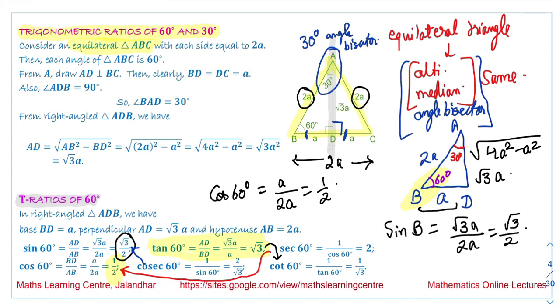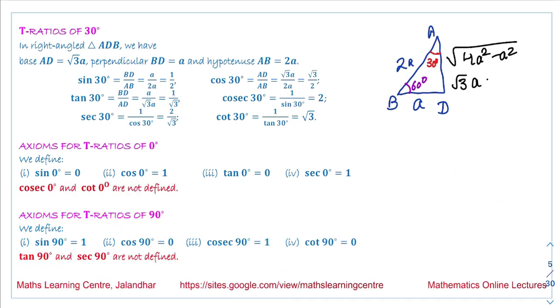Now next we have the T ratios corresponding to 30 degree angle. When we are talking about this triangle, we have obtained in our previous case, A, B, D we are talking about. In this, angle at A is 30 degree.